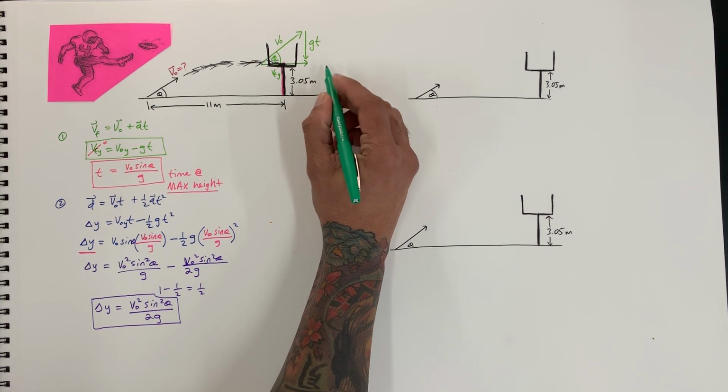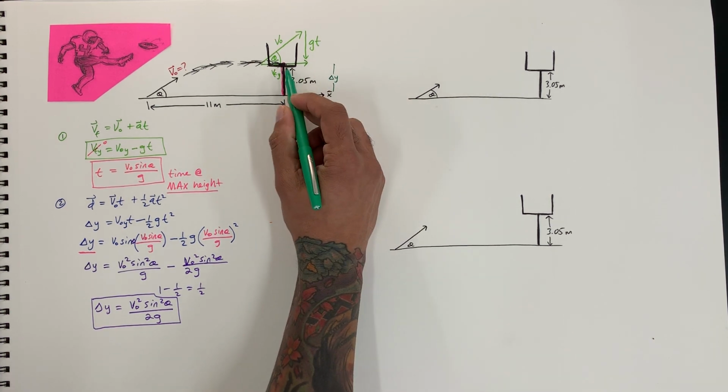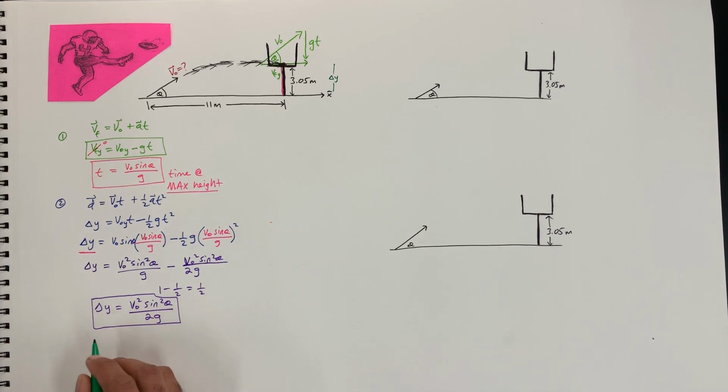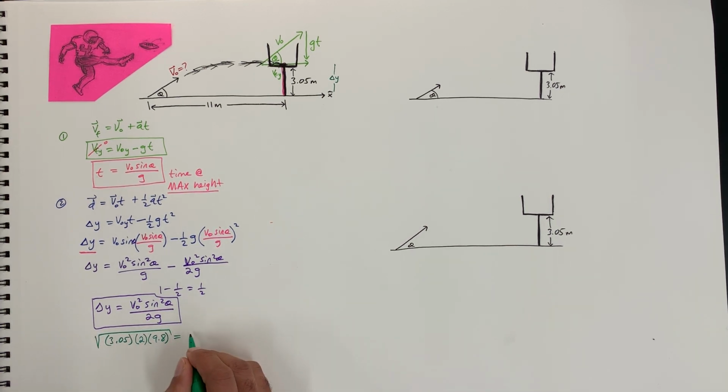The change in y, which is that height right here, is 3.05. So I'm going to have 3.05 for that. 2g is going to go over there, so 2 and then 9.8, and we're left with both of these terms squared, so we're going to square root the other side also, and now we're left with v naught sine theta.